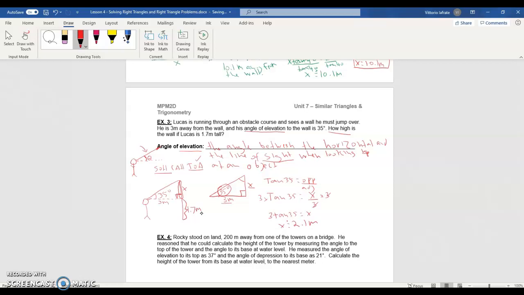So we know that the height of the wall is 2.1 meters plus 1.7. So height of wall is equal to 2.1 plus 1.7. And we get 3.8 meters. And you can write your therefore statement. Therefore, 3.8 meters for height of wall.